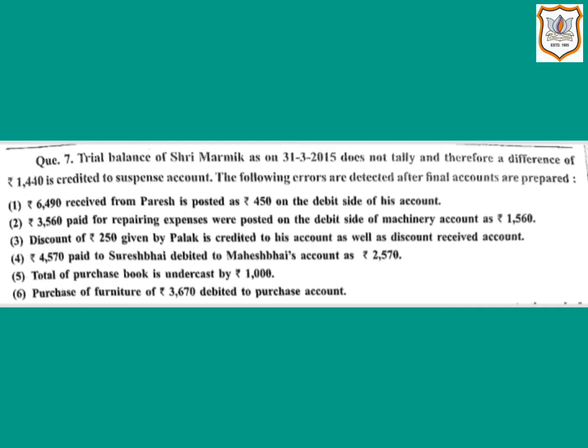The following errors are detected after final accounts are prepared. Before moving further, let us understand what is suspense account. When errors are detected after the trial balance has been prepared, they are rectified in two ways.